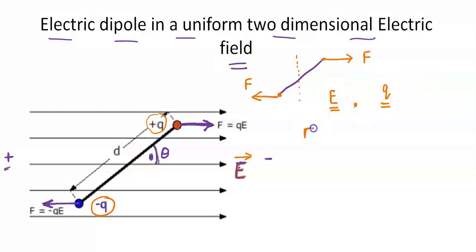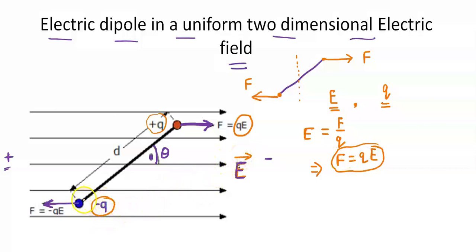We know that E is equal to F upon q, and from here you can write that force is equal to charge into electric field intensity, F equals q into E. So this force is acting q into E, and here also, though the direction is minus, because it is in the opposite direction, as far as the magnitude is concerned, it is qE only. So these two forces are acting like this.